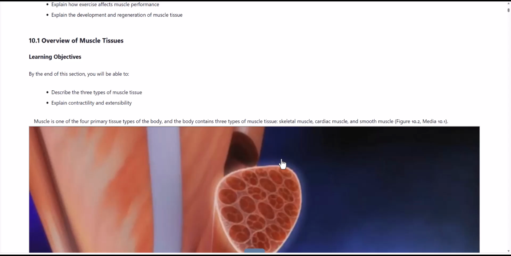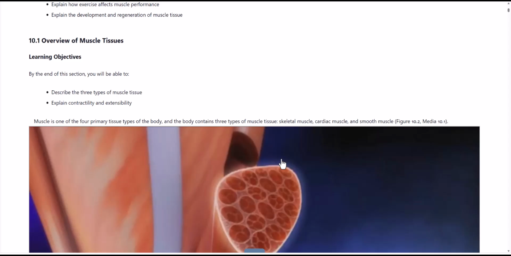Remember, too, the main characteristics of connective tissues. We have loosely arranged cells with lots of space between the cells, therefore lots of extracellular matrix. These tissues are surrounded by a ground substance, and in that ground substance there are protein fibers.